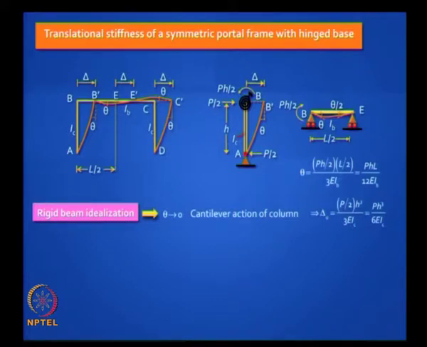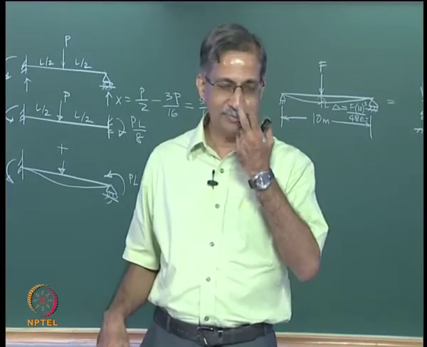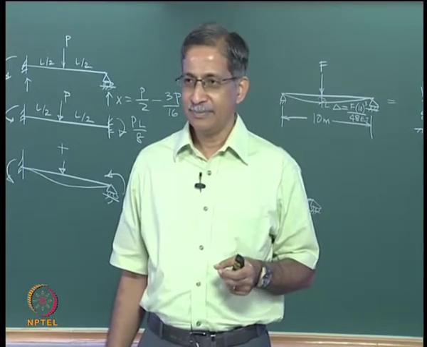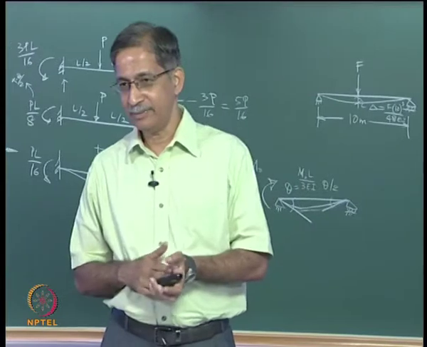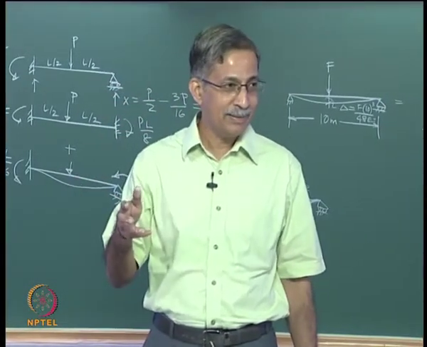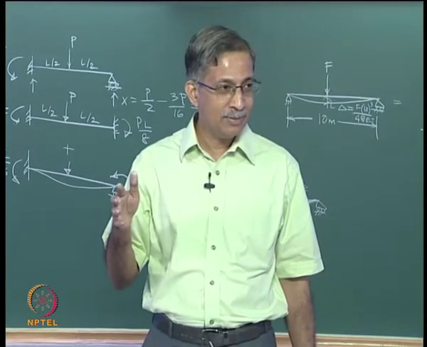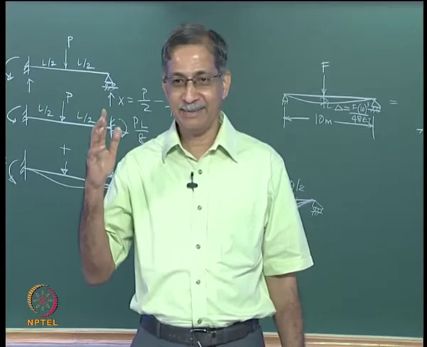Beam has a finite stiffness EIB by L. Then what is the additional deflection that you have? So delta will be delta naught plus what? Rigid body rotation. So how much will that be? Theta into H.